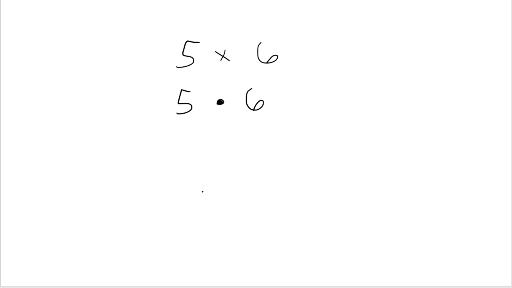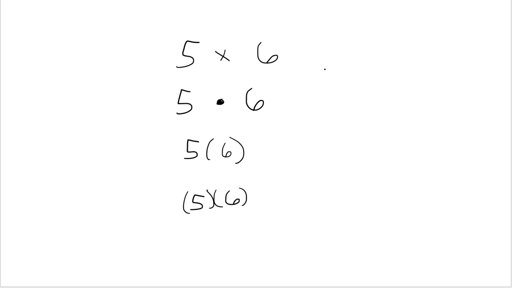This means 5 times 6. You may also see one of the numbers in parentheses. So if you have a 5 right next to a parenthesis with the 6 in it, that means multiplication. And you could also have two parentheses right next to each other, and that also means multiplication. I'm sure that you guys have seen these before, but I just wanted to review that with you.